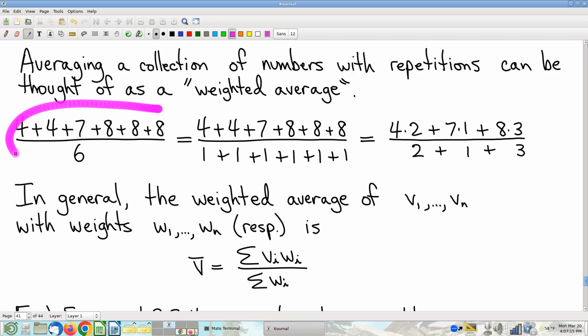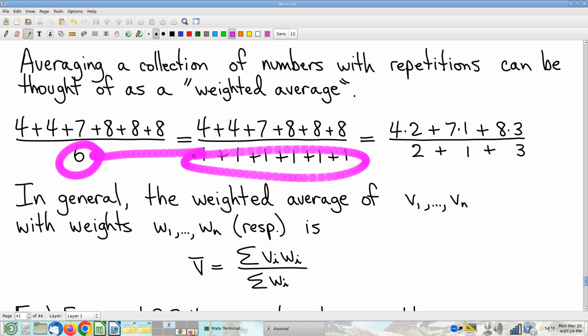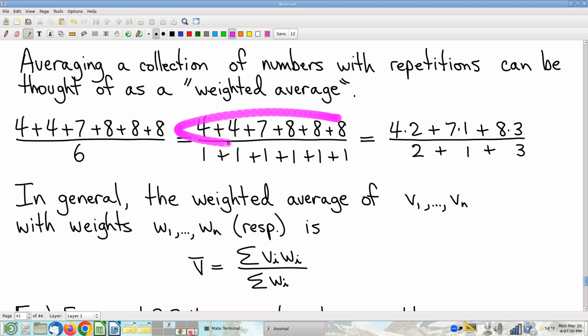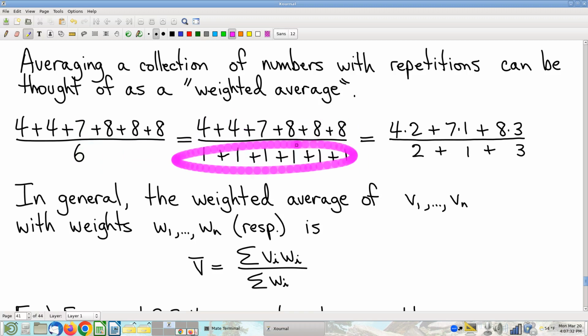So here's how I average 6 numbers. Ancient history, old news. Right. Let me expand the 6 here. The whole point of where the 6 came from is that's how many numbers there are in the numerator. So the number of numbers up here is the same as the number of ones down here.